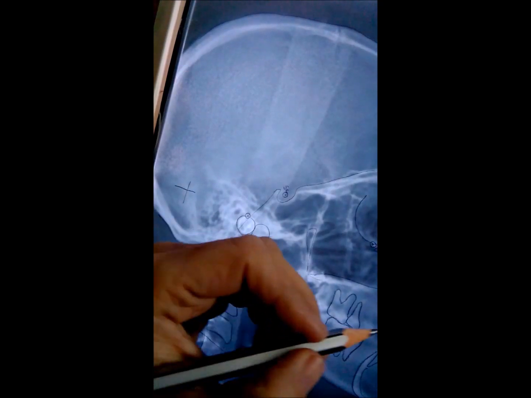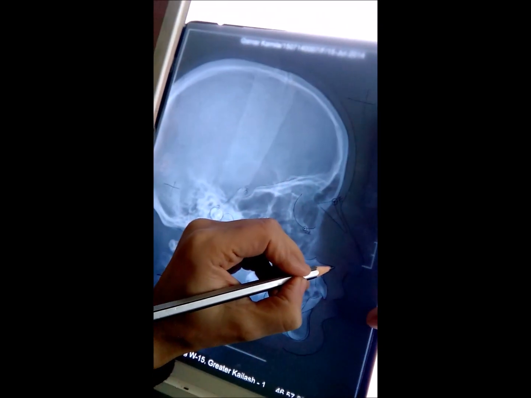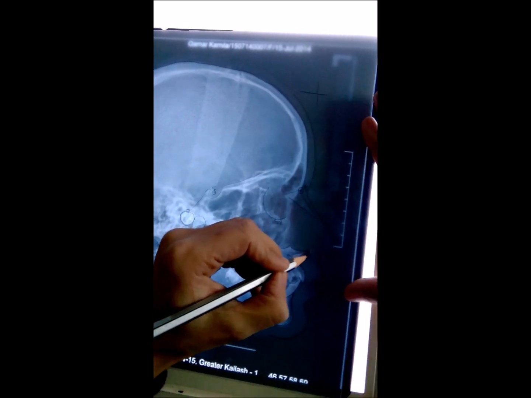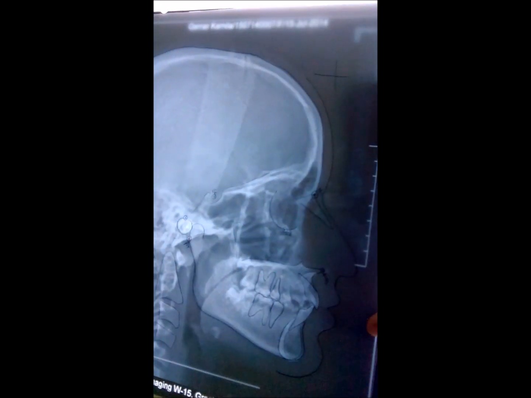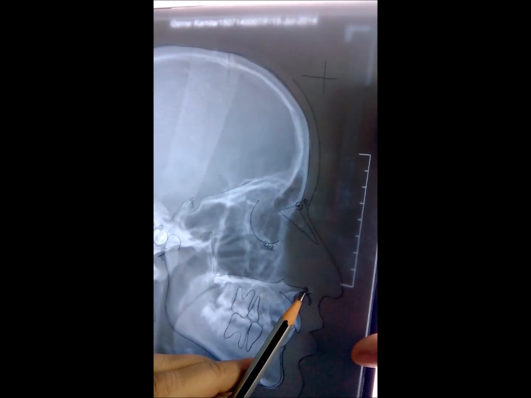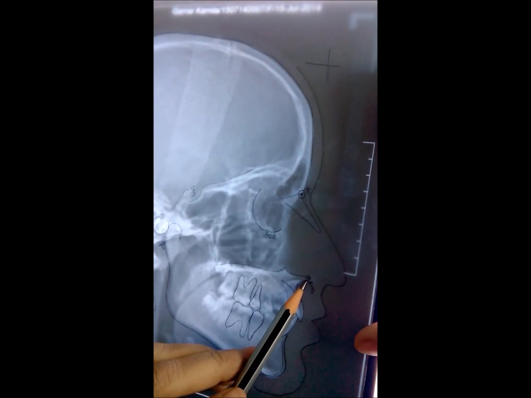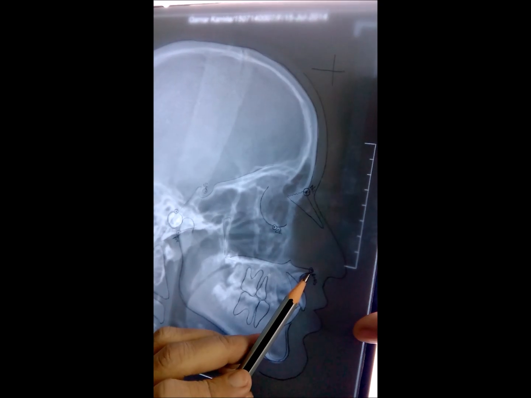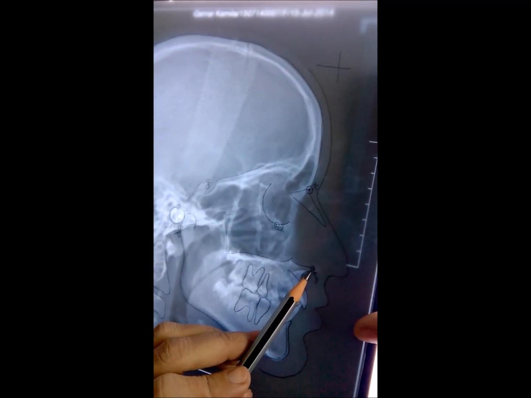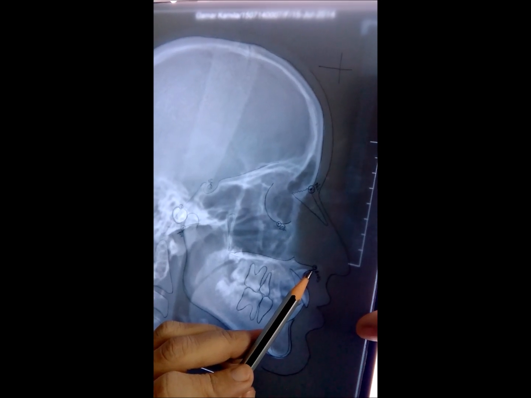Then ANS. This is the ANS, which is the anterior nasal spine. This is the anterior tip of the sharp bony process of the maxilla at the lower margin of the anterior nasal opening.